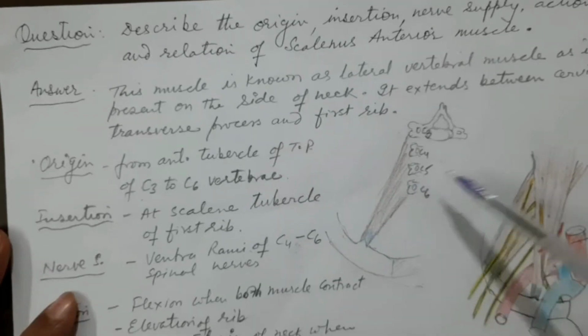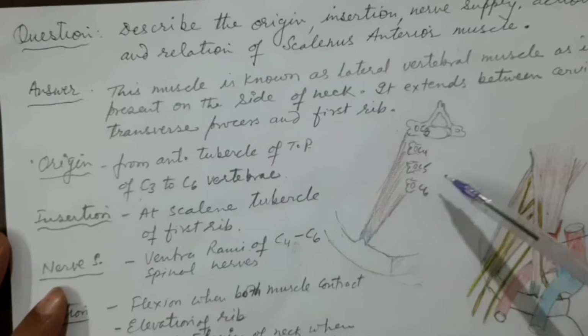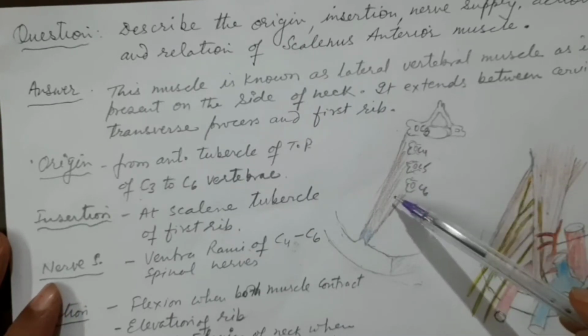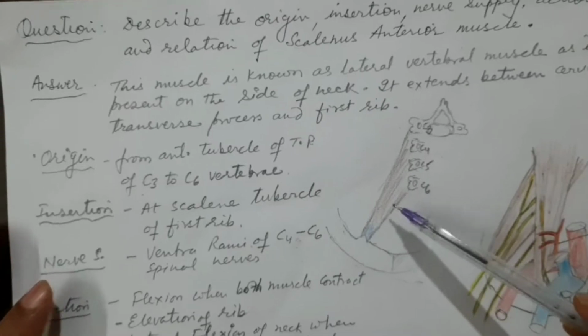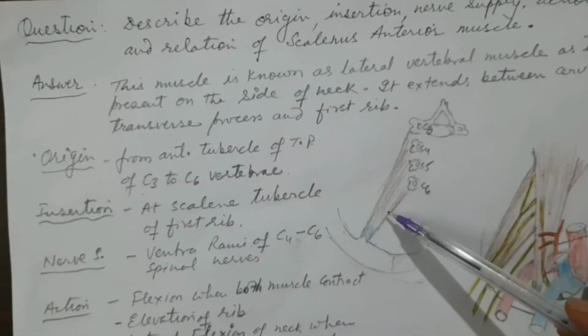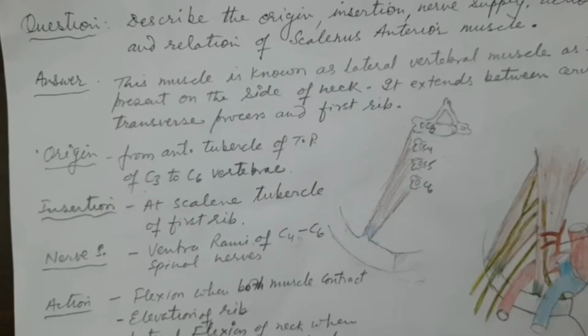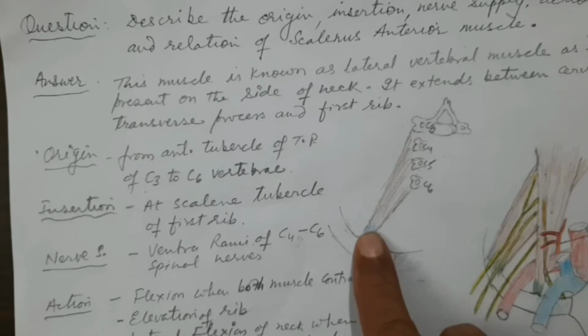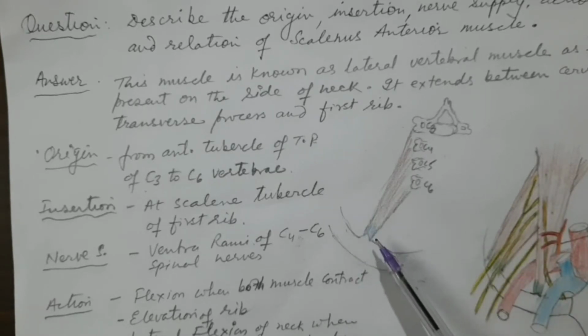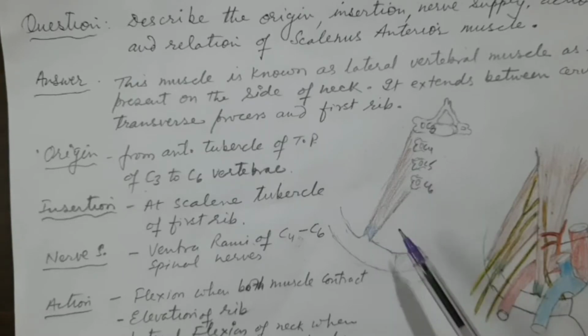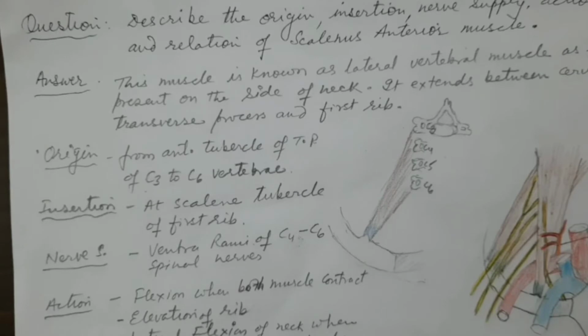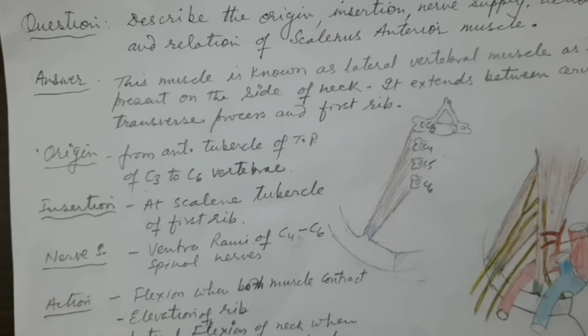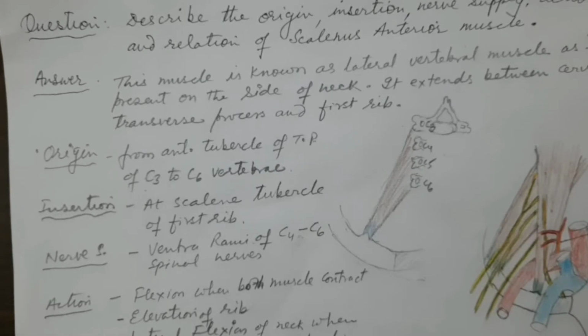When the scalenus anterior muscles of both the right and left sides contract, this will produce flexion of the cervical column, because here the insertion is fixed, and the muscle will pull the cervical column from both sides. So the neck will flex, the head will bend down. So it will produce flexion of the cervical column.